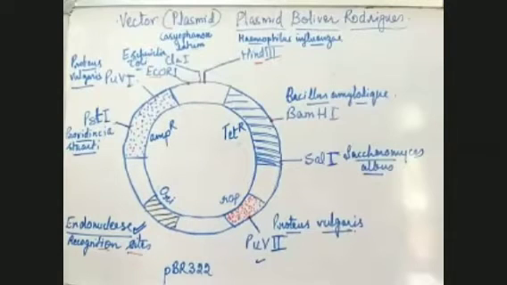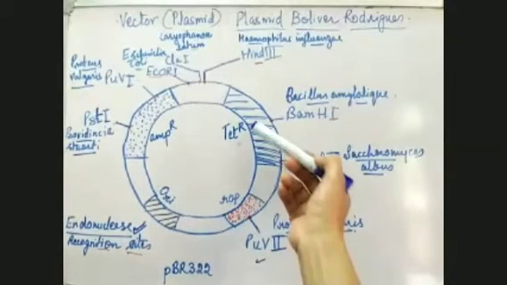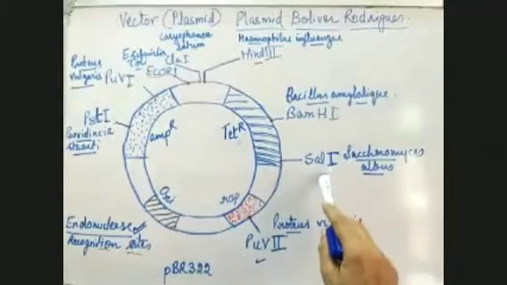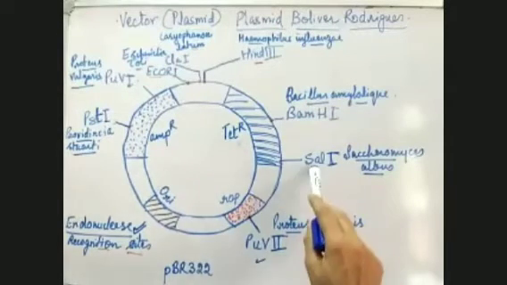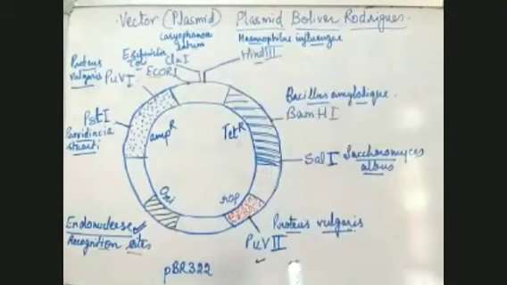We are not going to use a scissor or a knife or a blade or a surgical blade. What will make a cut over these recognition sites? At these 8 recognition sites, these enzymes will make a cut, and these enzymes together are known as endonucleases.